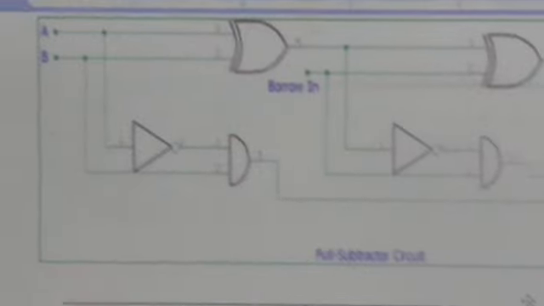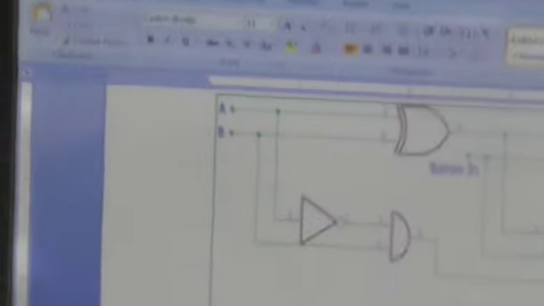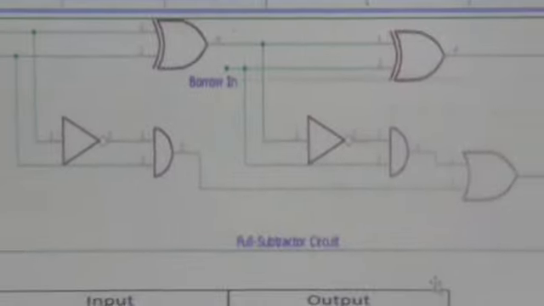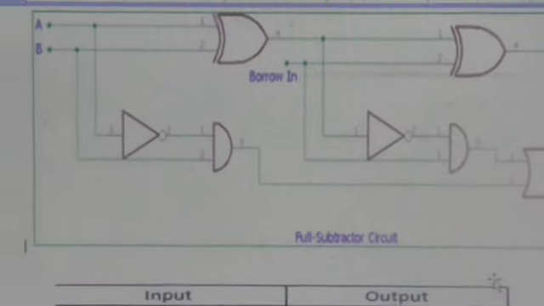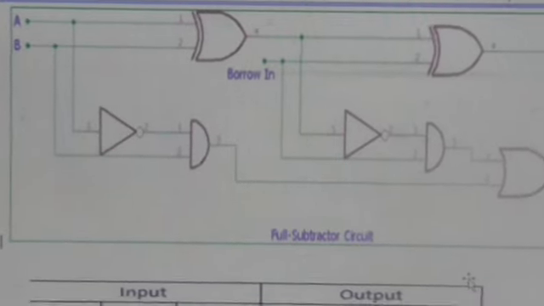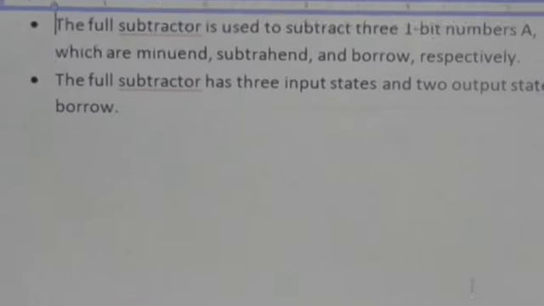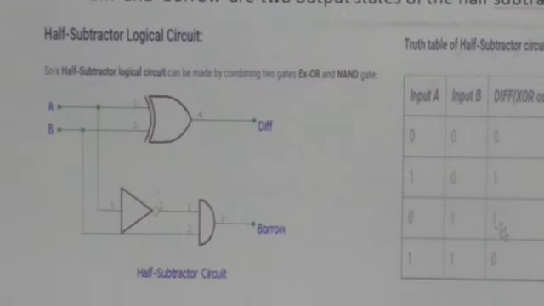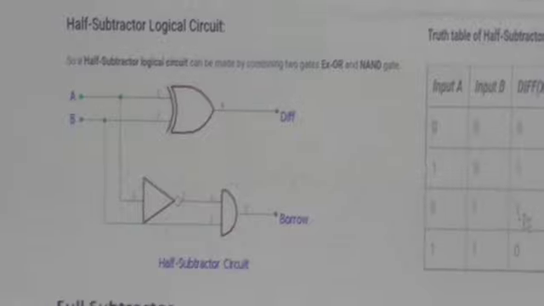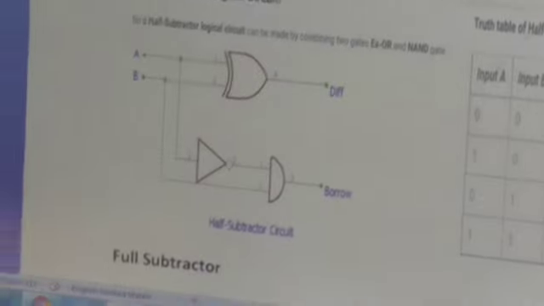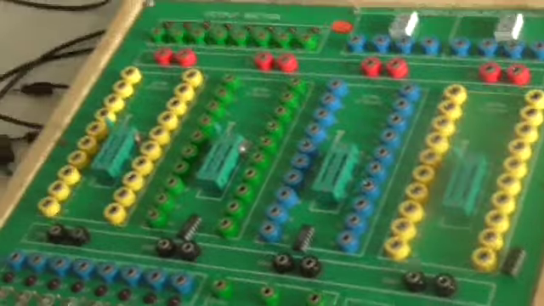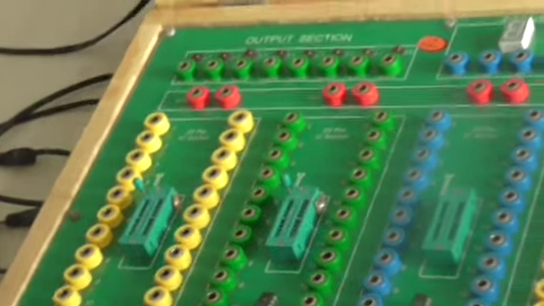Then we are going to see the working functionality of the full subtractor on an IC trainer kit. First we are concerned with how to connect a half subtractor on an IC trainer kit. Now this is our IC trainer kit. For the half subtractor logic, how many gates are required? 3 gates are required.